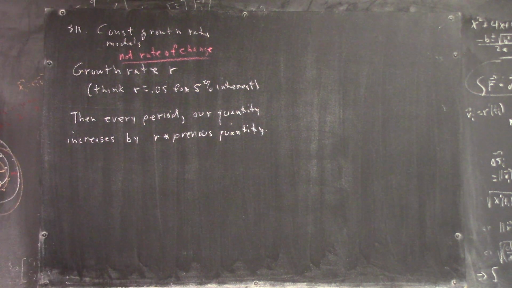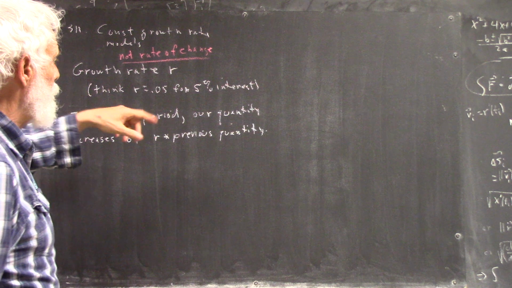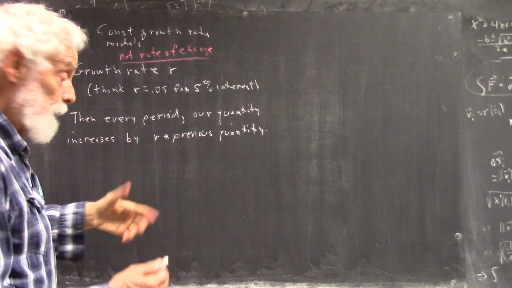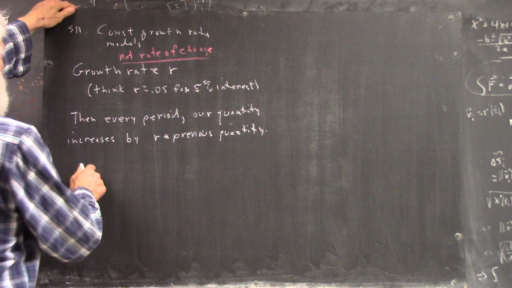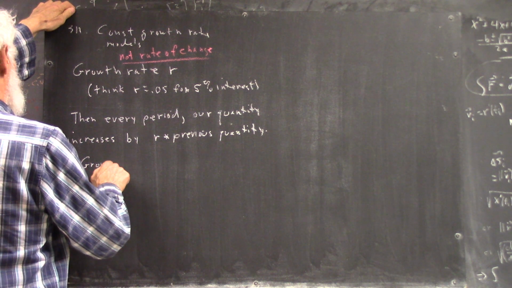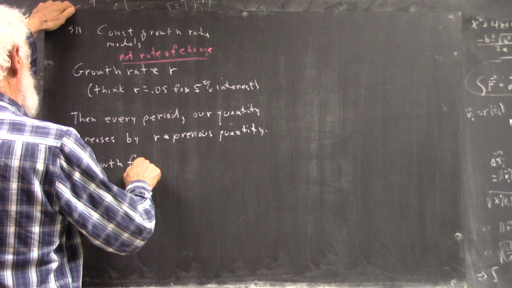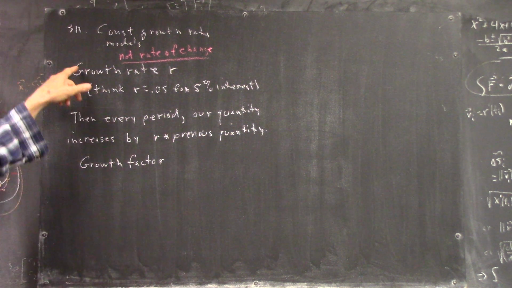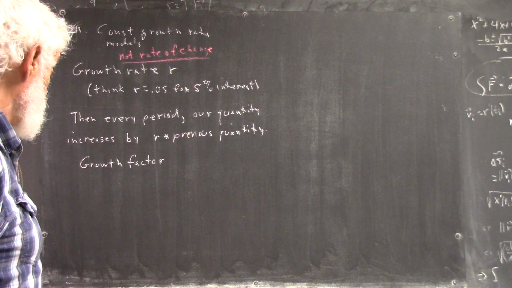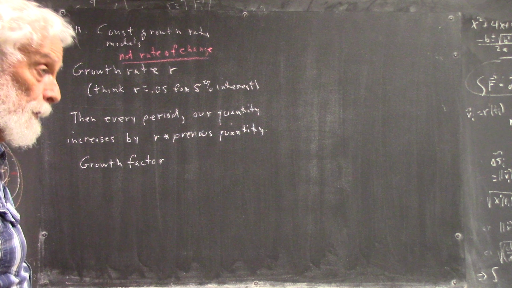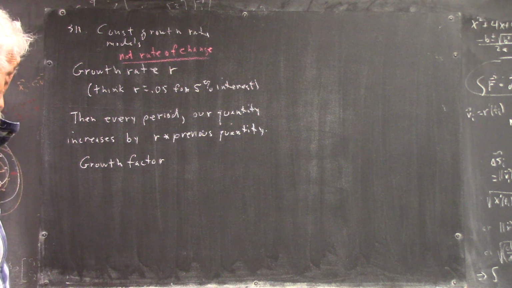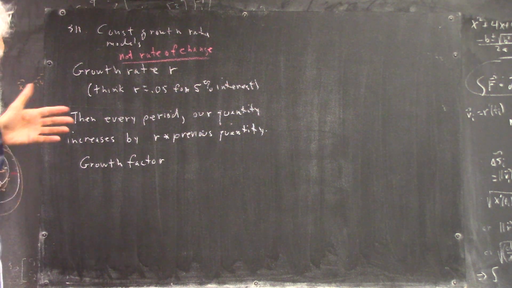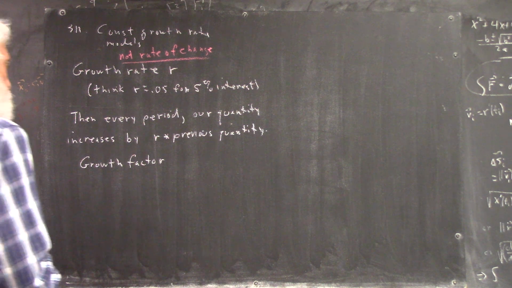Now, rather than multiplying by 5% and adding, as I just did, we have this thing called the growth factor. I haven't really talked in the course very extensively about growth rate and growth factor, although your textbook does, but they're natural concepts that you might find helpful. And you've seen them, so just putting words on them should be helpful.